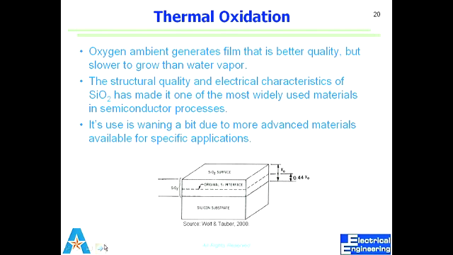Essentially its electrical property and ease in growing is what has made it this insulating material. But since we are becoming very close to a few atom thickness of silicon dioxide, it's becoming less dependable, because physically it's become so thin that electrical tunneling is occurring through this.